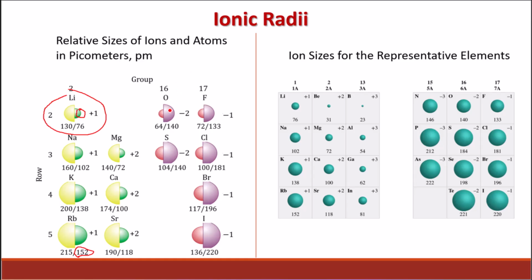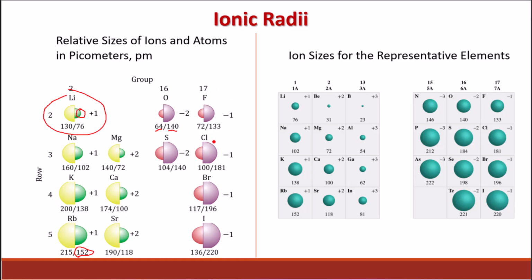Let's go over here to the anion group. These are the nonmetals. Here we have oxygen, and oxygen as an atom is at 64 picometers, and then once it gains its 2 electrons, it balloons up to 140 picometers. And that's the trend, guys.